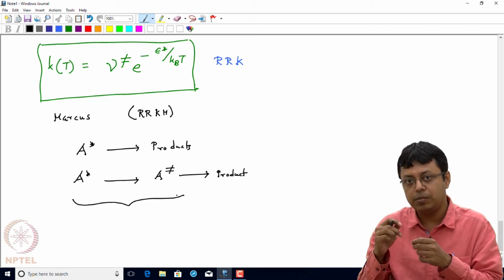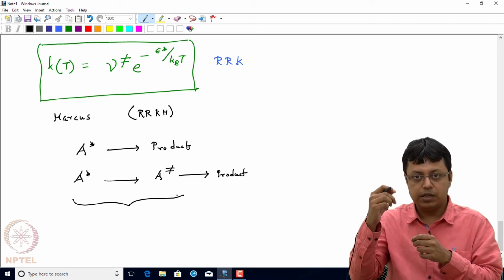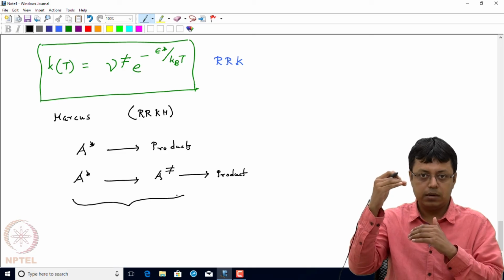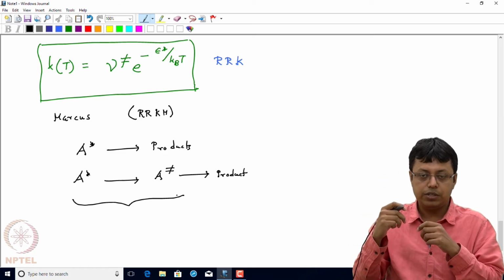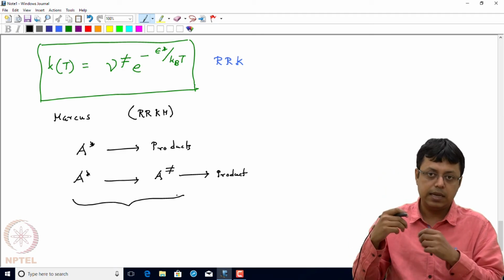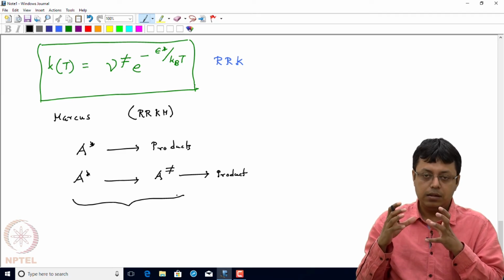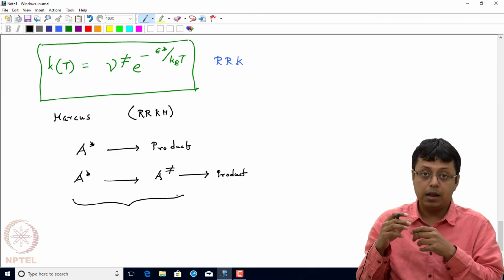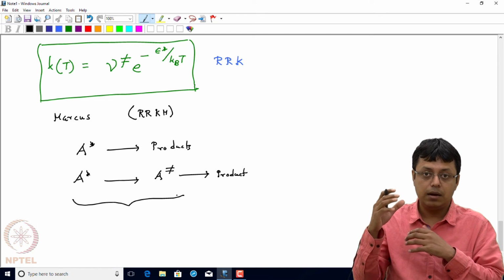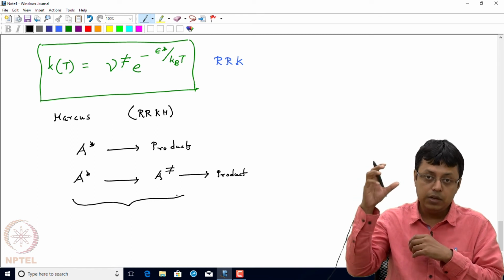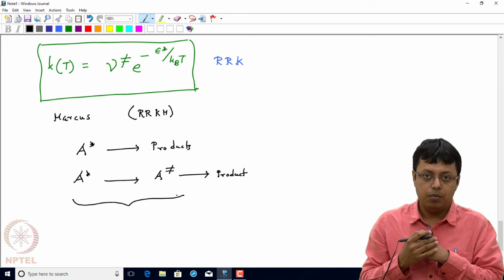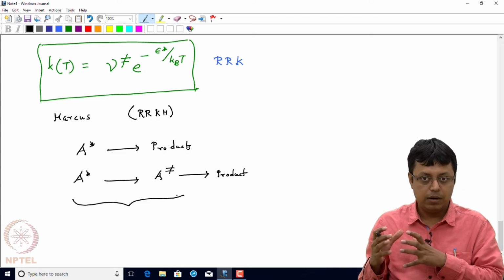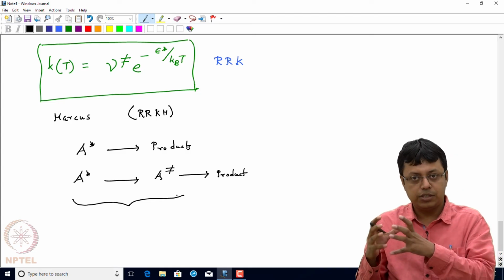First, you have to cross the E star energy level, and once you cross it, the second criterion, which Hinshelwood and RRK said, is that fine, this E star is okay, but are you sure that out of this E star, m quanta has gone into that vibrational mode? That RRK calculated.